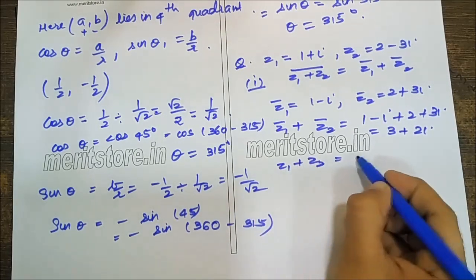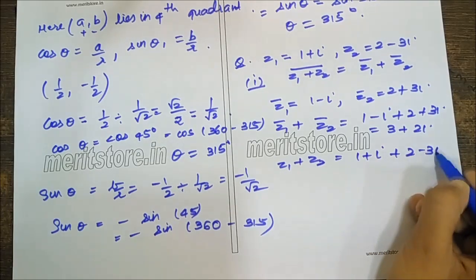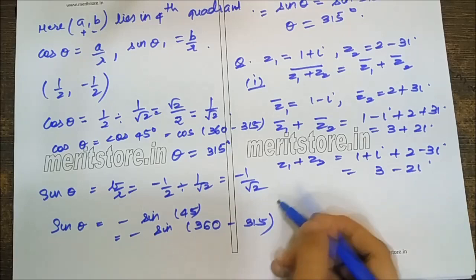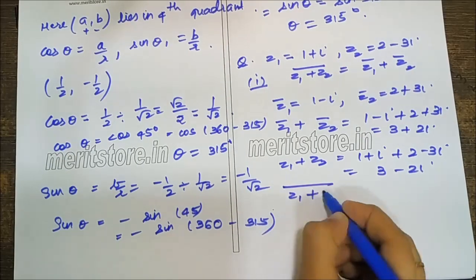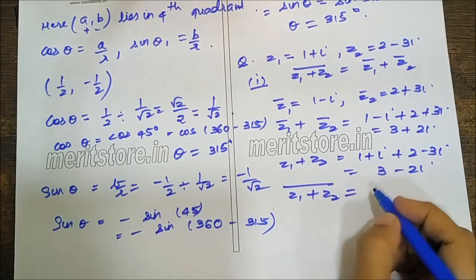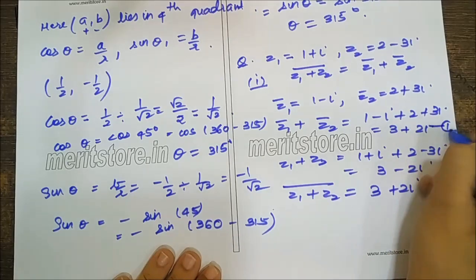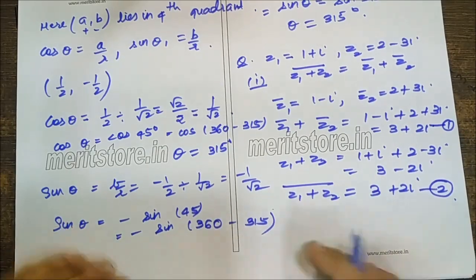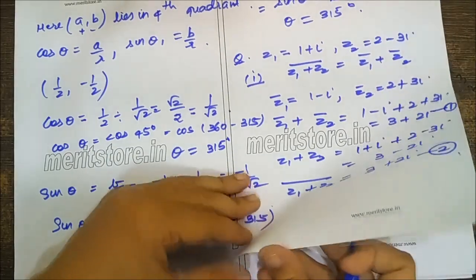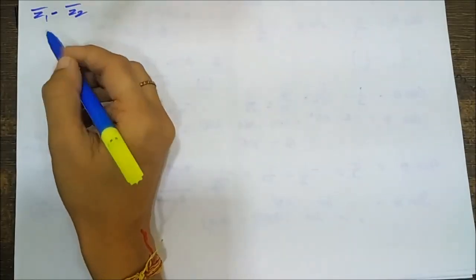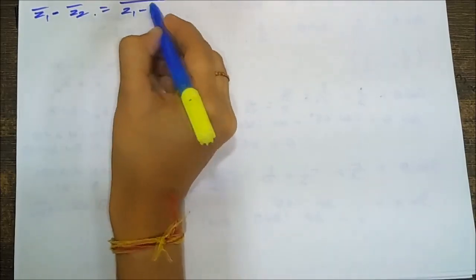z1 plus z2 is equal to 1 plus i plus 2 minus 3i, 3 minus 2i, and the conjugate of z1 plus z2 whole is 3 plus 2i. So this and this is same. Next, conjugate of z1 minus conjugate of z2 is equal to conjugate of z1 minus z2.